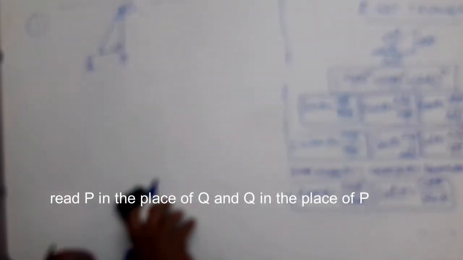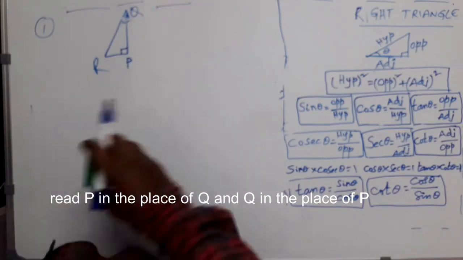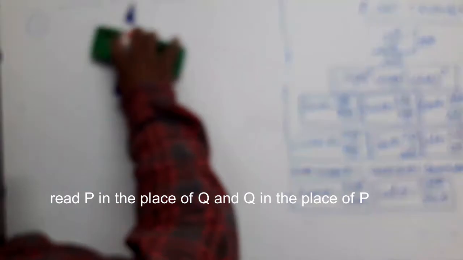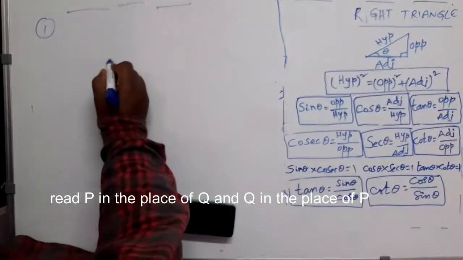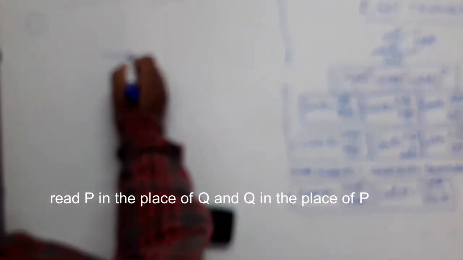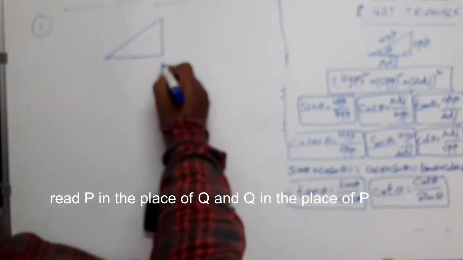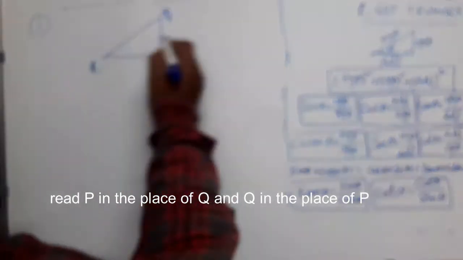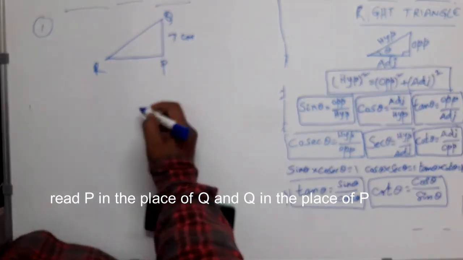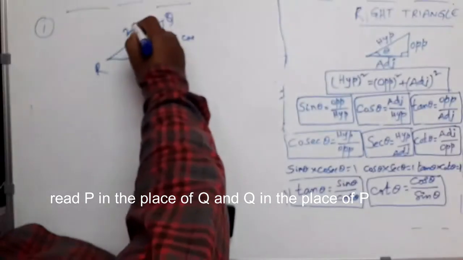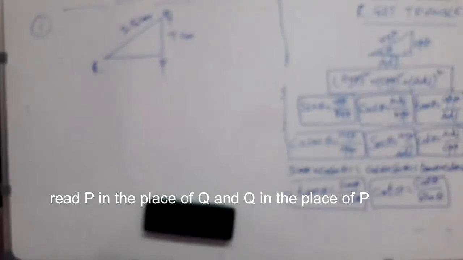PQ is 7, QR is 25 centimeters. Angle P is 90 degrees, right?